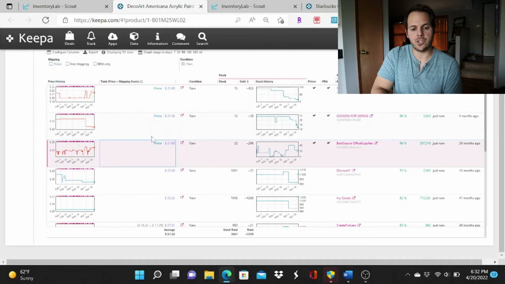Those are the 3 that I mentioned, the 3 competitive sellers. And look right here, there's a stock column. So this person has 15 in stock, this has 12, and this has 22, okay? So that tells me they're gonna all get their 14, at least for the next month, based on their amount of current stock. Now, if they each only had 1 or 2, that might determine how much more I buy. So that's a little bit of an advanced technique to see if you can up the amount that you purchase based on those other competitive sellers' stock.